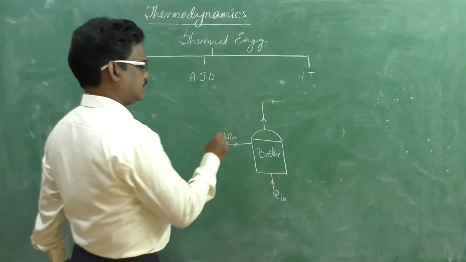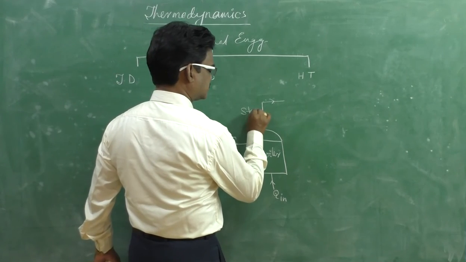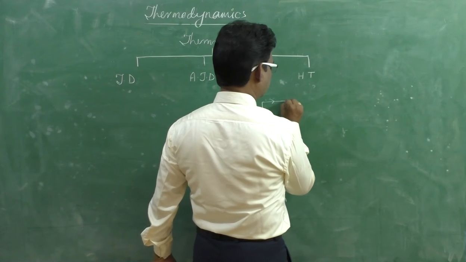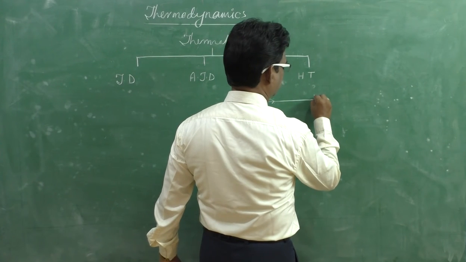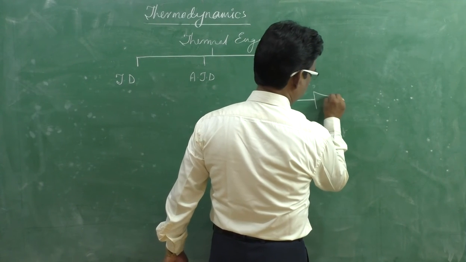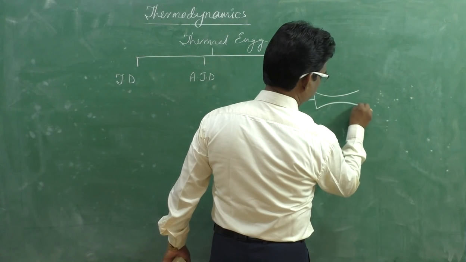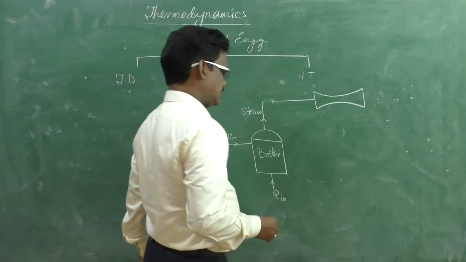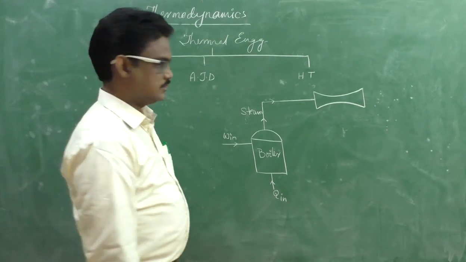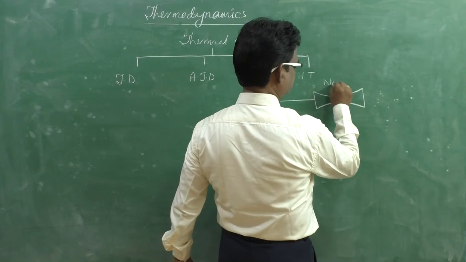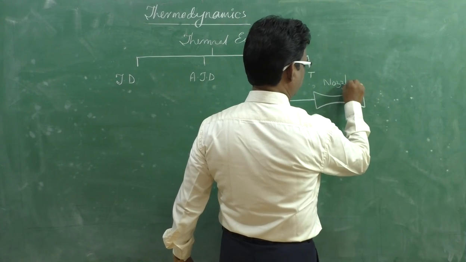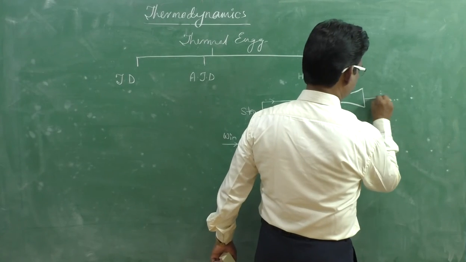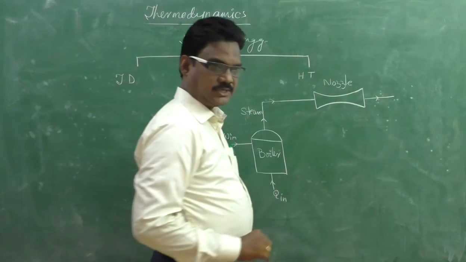After that, the high quality steam enters the nozzle. This is the symbol for the nozzle, a convergent divergent nozzle, and this is the symbol for the boiler. Now it enters the nozzle. After that, a high velocity jet comes out of the nozzle.